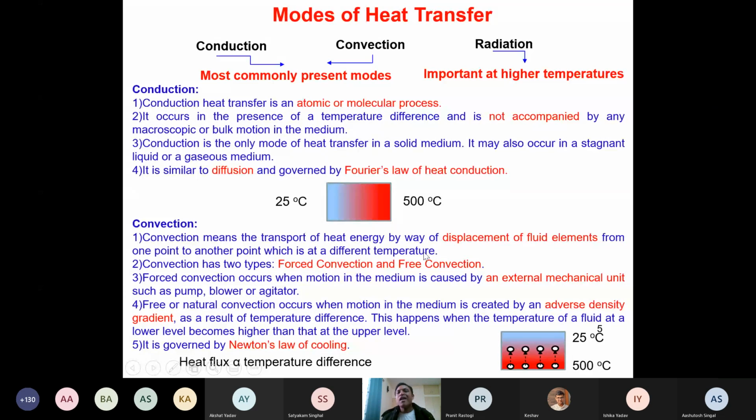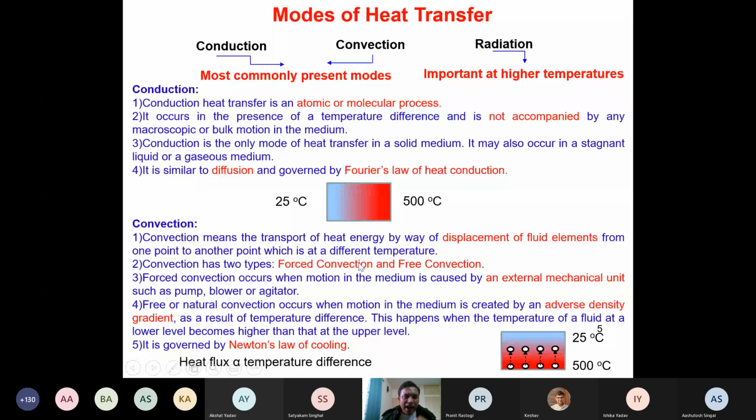So this is very important. Unlike conduction, where there is no macroscopic movement of the fluid elements, in convection there is movement of the fluid elements. So there are convection currents.